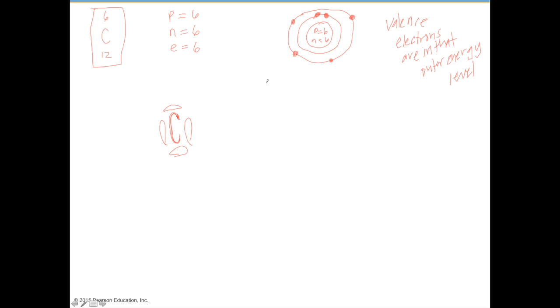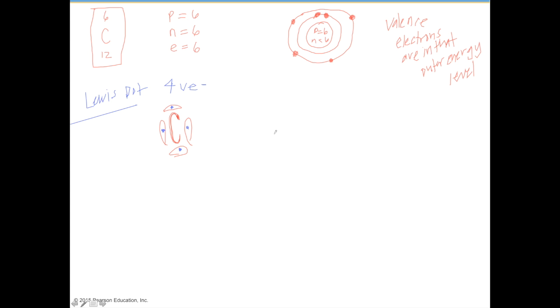Remember you only map out the valence electrons for the Lewis dot structure. So we're going to say 1, 2, 3, 4. Remember, each side gets an electron before you double up, so you can't say 2 and then 4 like that.